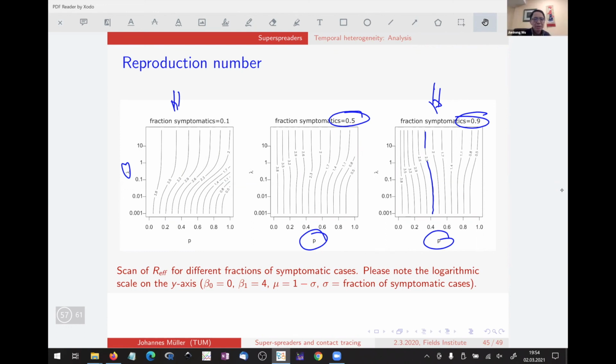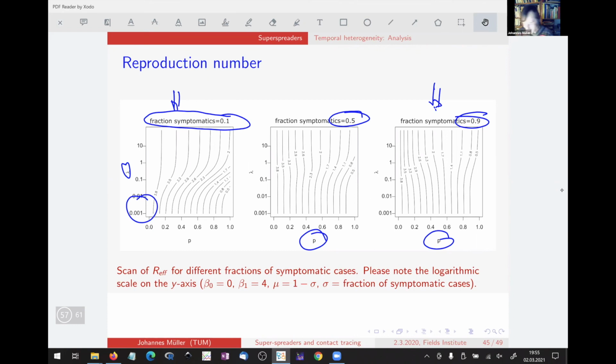Right. And again, it really depends on the setting. What we have seen is that if we have only a small probability of index cases, then obviously it's better to have huge events, because then you can be sure that some people are index cases and you can identify the super spreader event.